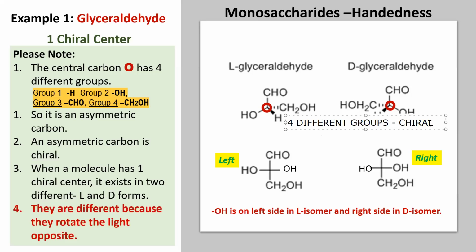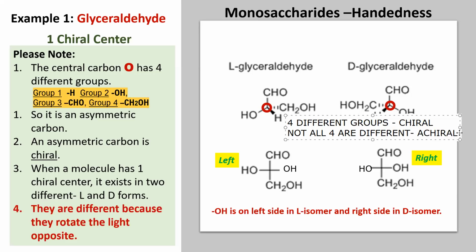We are just going to see if not all 4 are different. So we have now arrived at a very basic definition where we don't have to think too much when we do questions, when we see it in the exam. We just see 4 different, chiral; not different, achiral.